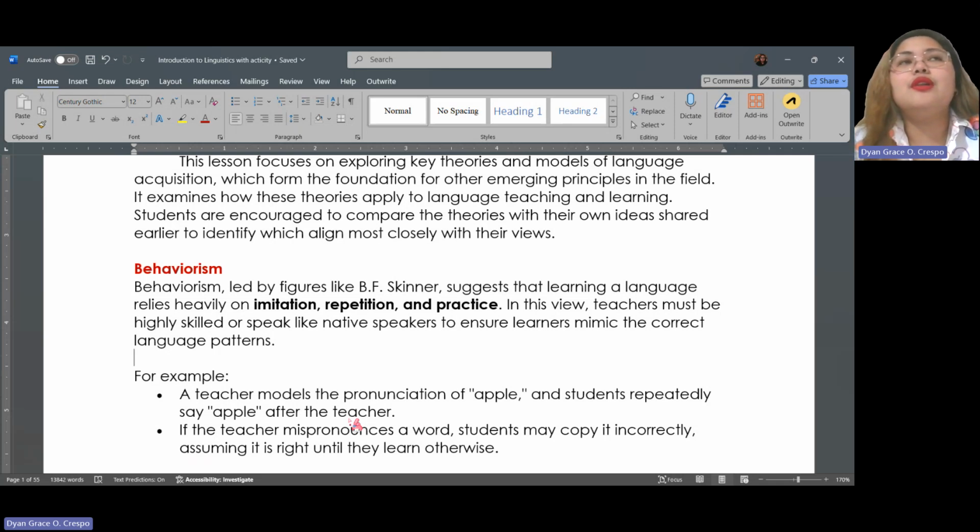So for example, usually teachers who use behaviorism tend to be exaggerated, but in a way that you will follow. Usually, behaviorism is used for foreign language learners, in which you can imitate the words. It's a beginning point, or for elementary students.